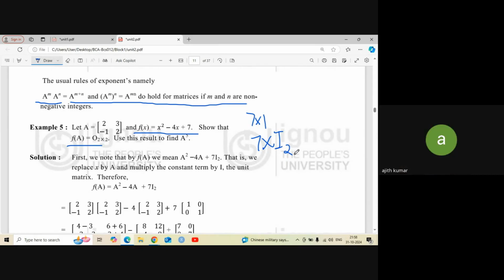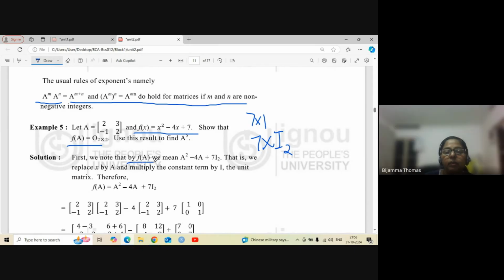Yes, ma'am. Note that f of A, when we replace the variable by the matrix, will be equal to A square, that is A into A, minus 4 into A plus 7 into I2.